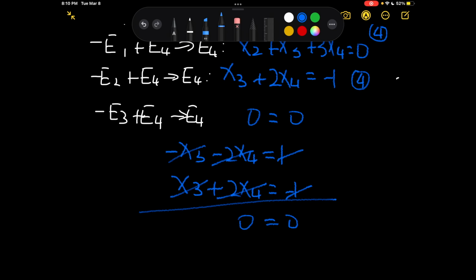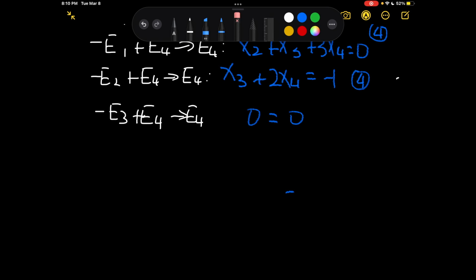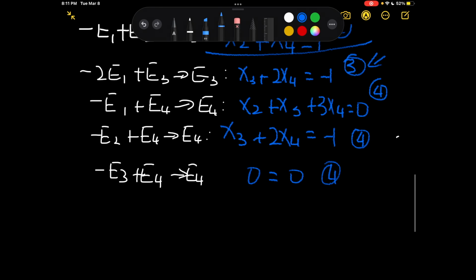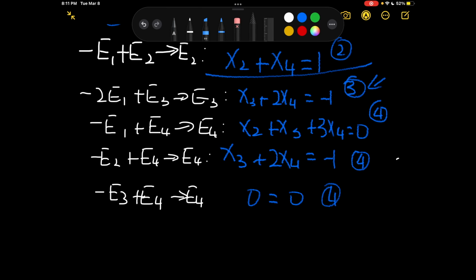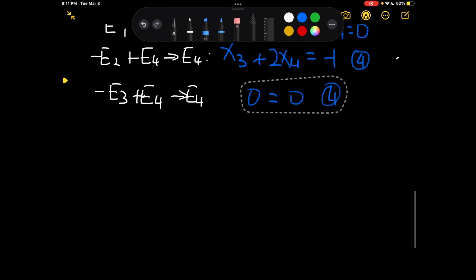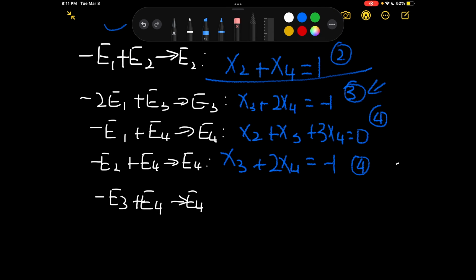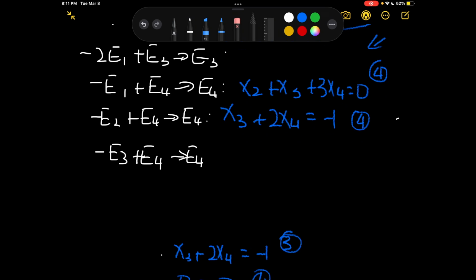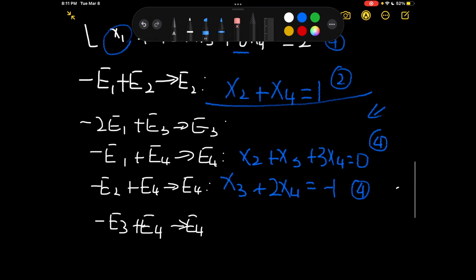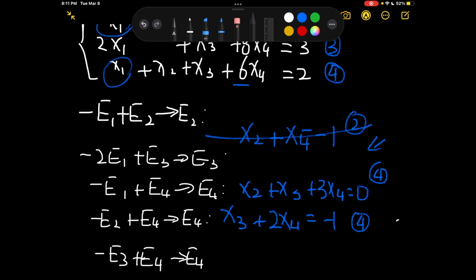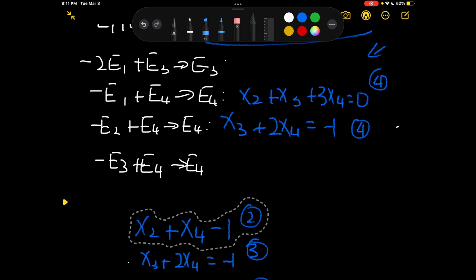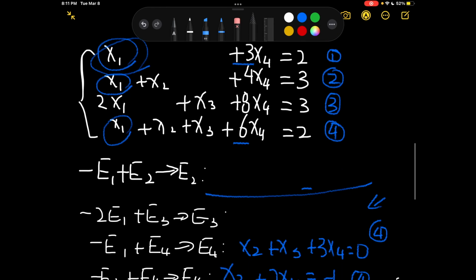That means x4 can be any real number; x4 is an element of the real numbers. The question asks to solve the linear system, so I will place all the new equations together. This is the new equation 4, the latest equation 3 is right here, and the latest equation 2.